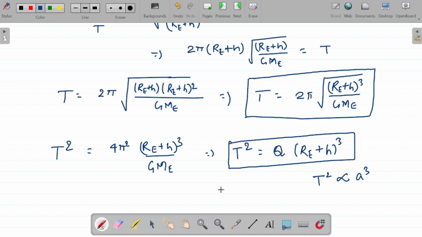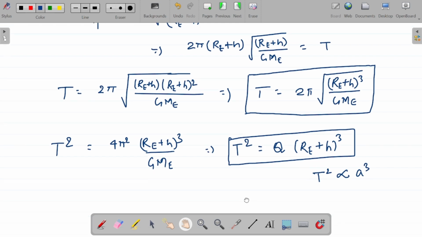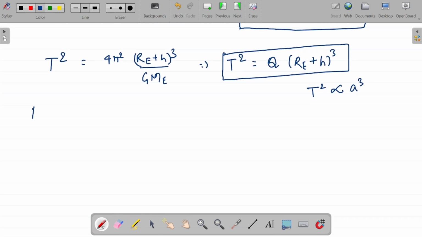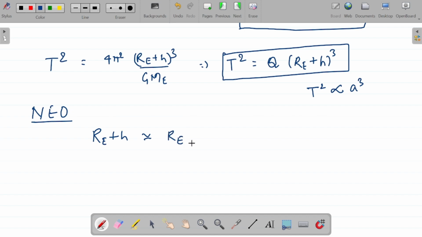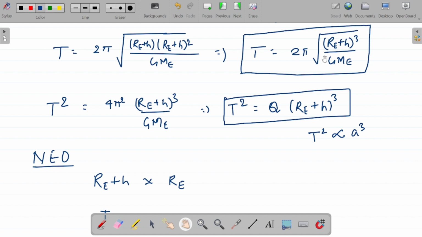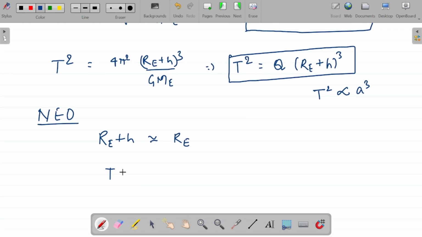Now, in the case of a near Earth orbit, meaning a satellite which is revolving near the Earth's surface, we can say that Re plus h can be written as approximately Re. And in that case, T equals 2 pi square root of Re cube divided by G Me.